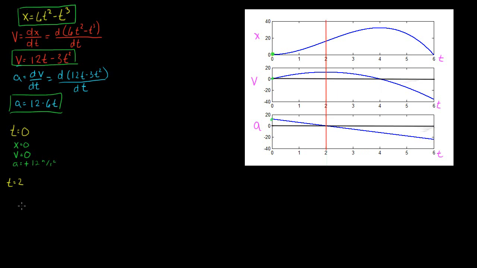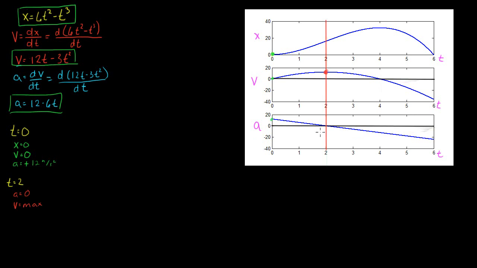So our acceleration is equal to 0. And what is our velocity? Well, our velocity is actually at a maximum point. So when our acceleration is equal to 0, our velocity is equal to its max.